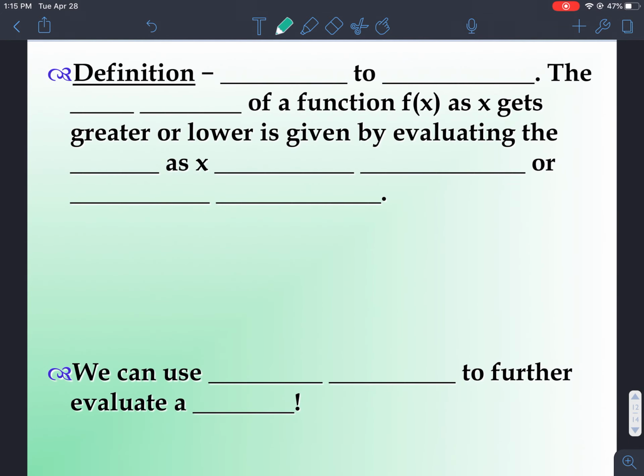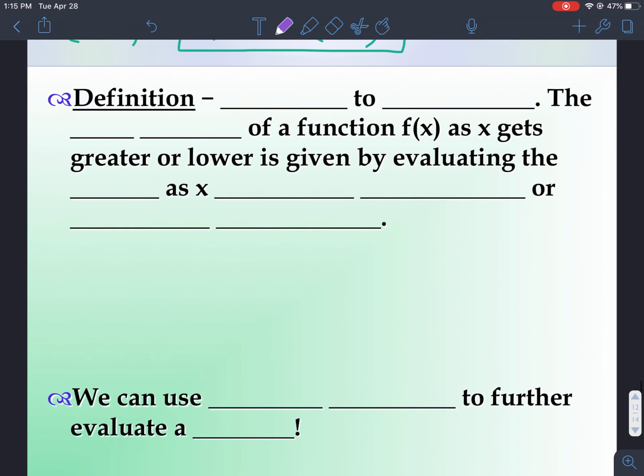How will this all tie into calculus? That's where we're trying to get to. So we've seen limits a little bit before, but officially, a limit to infinity.